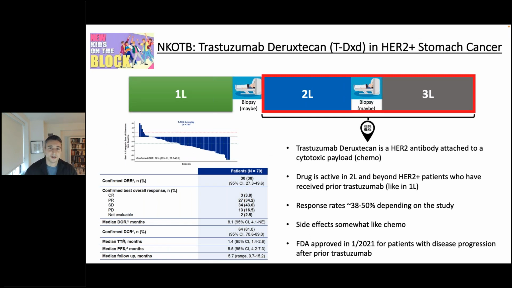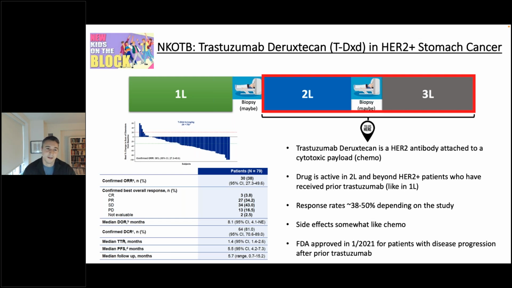Similarly, if you look at the HER2 positive patients, after you've gotten trastuzumab containing therapy, the question has always been, well, what if we keep hitting the HER2 target? Because we know that the tumor originally had a HER2 overexpression. And there's a new drug called trastuzumab deruxtecan, or TDXD if you want to sound cool. And this is for HER2 positive patients who have progressed.